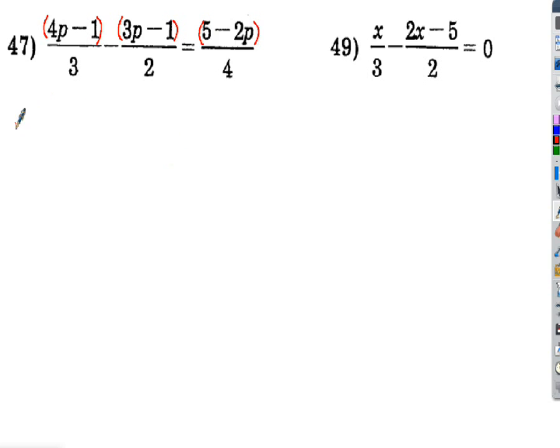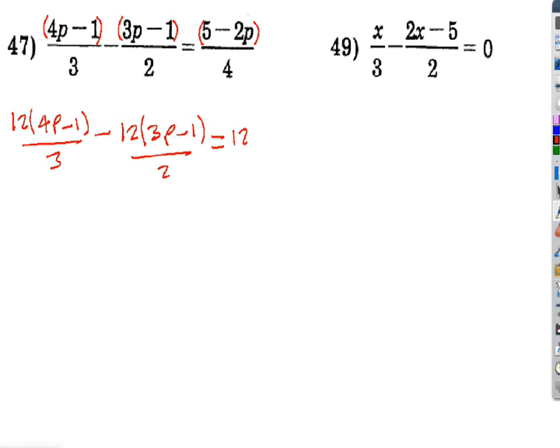So on the next line I will get 12 multiplied by brackets 4p minus 1, that's all divided by 3, and we'll subtract from that 12 multiplied by the 3p minus 1 in the bracket, all divided by 2, and on the right hand side that's equal to 12 multiplied by 5 minus 2p, and that's all divided by 4. Don't forget we're multiplying throughout by 12, so every term gets multiplied by 12 here.